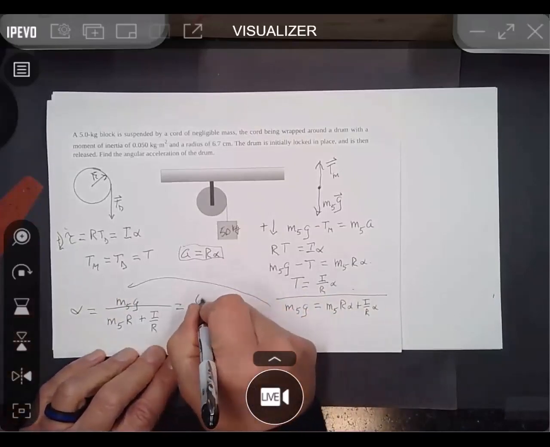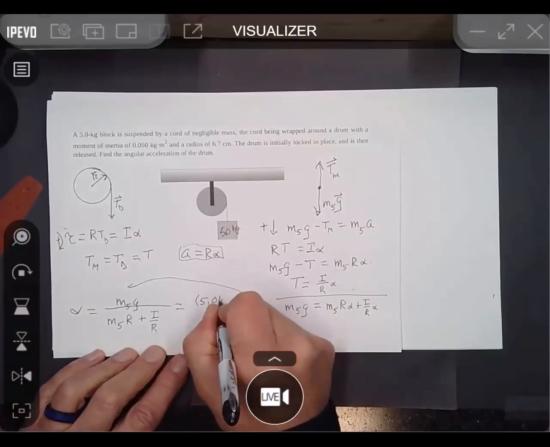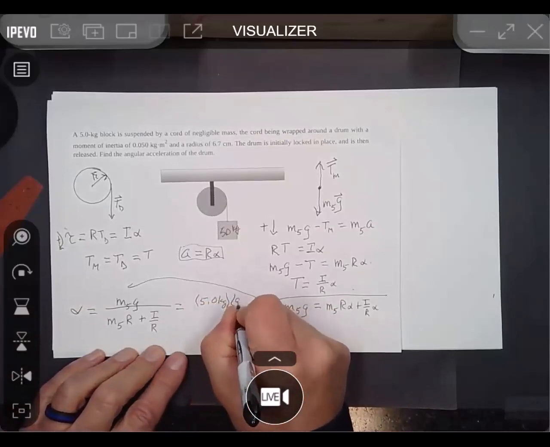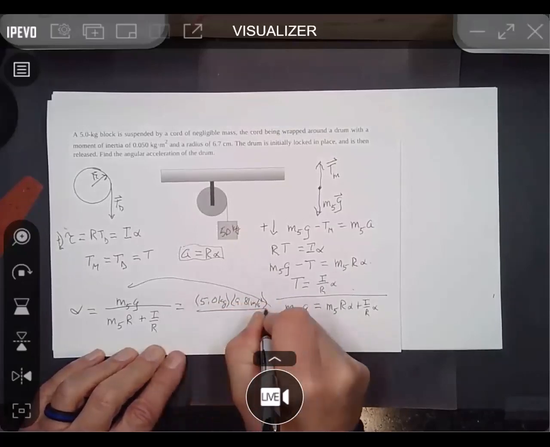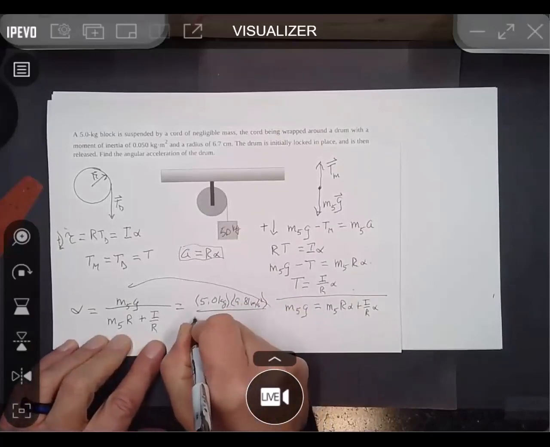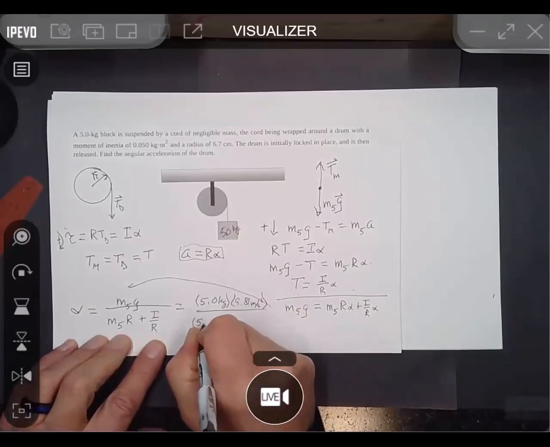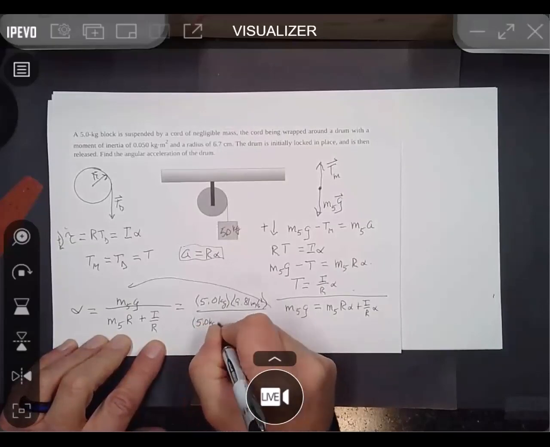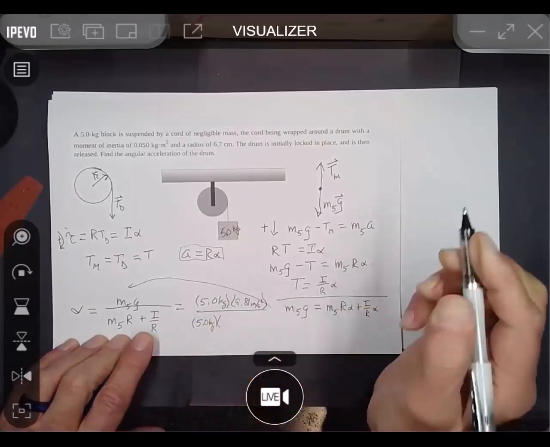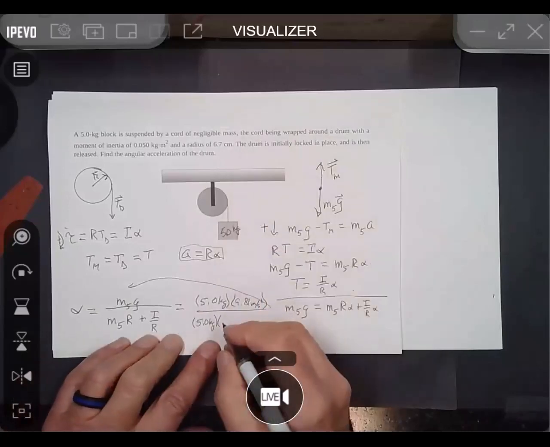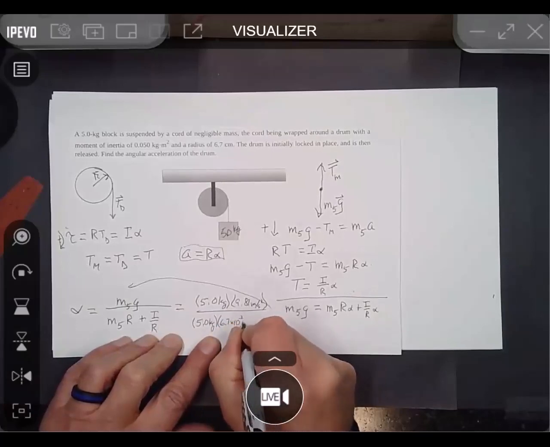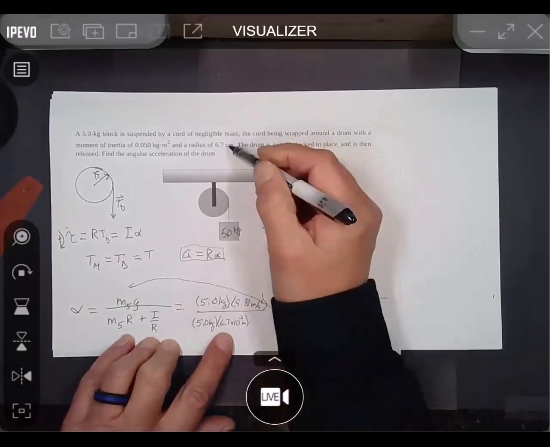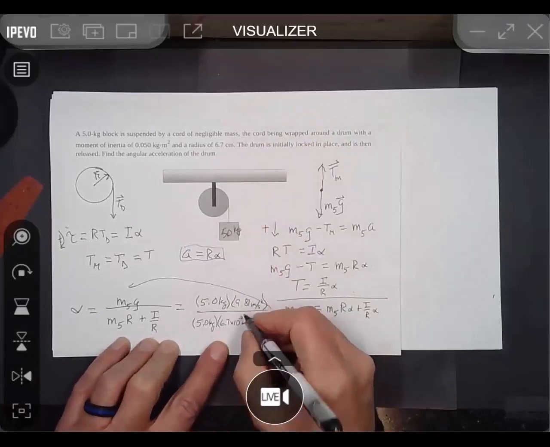So the M5 is 5.0 kilograms times 9.81 meters per second squared, divided by 5.0 kilograms times, let's see, what was it? 6.7 centimeters, which is 6.7 times 10 to the minus 2 meters. I just replaced the lowercase c on centimeters with times 10 to the minus 2.